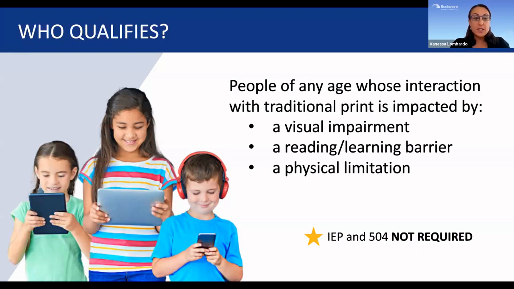This provision states that any person of any age who is impacted by a visual impairment and cannot see standard printed material or text on a page, a person who has a reading or learning barrier and cannot perceive the text on a standard written page, or someone with a physical limitation that impacts their ability to interact with standard printed materials, are all eligible for the accessible versions of these texts in a repository like Bookshare.